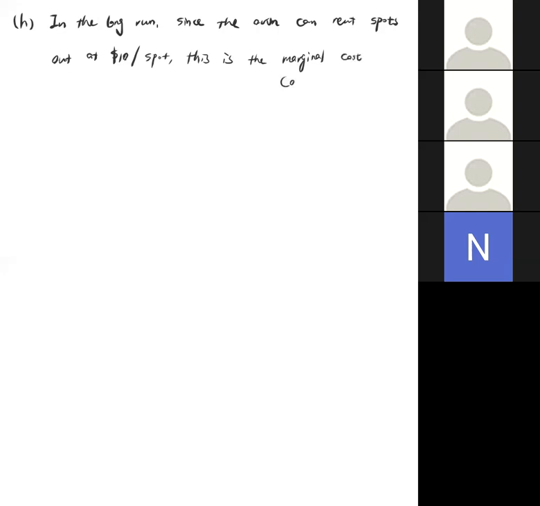Because this is opportunity cost in the long run. Here, LR is just a short form for long run.